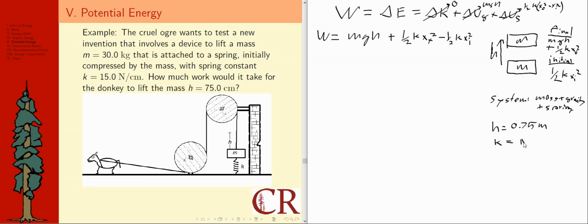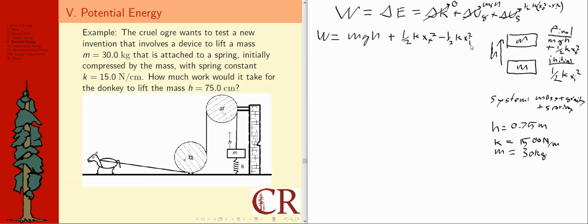It turns out that's 1,500 newtons per meter. If you do the conversion on that, make sure you don't accidentally make it 0.15 newtons per meter, because that would be way too small. And we have mass sitting there as well, so we may as well make note that we have 30 kilograms of mass.